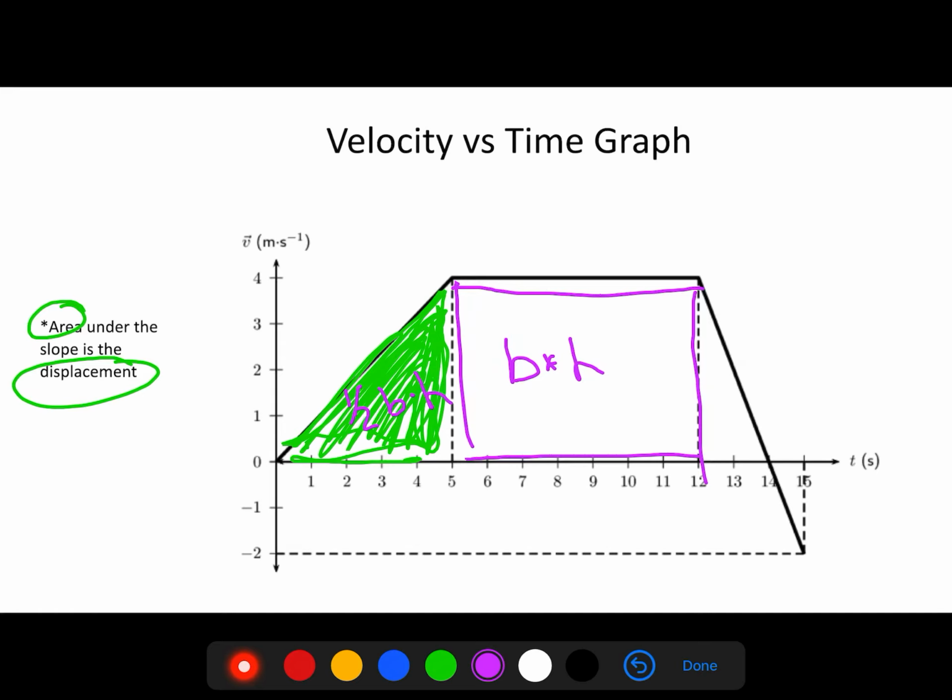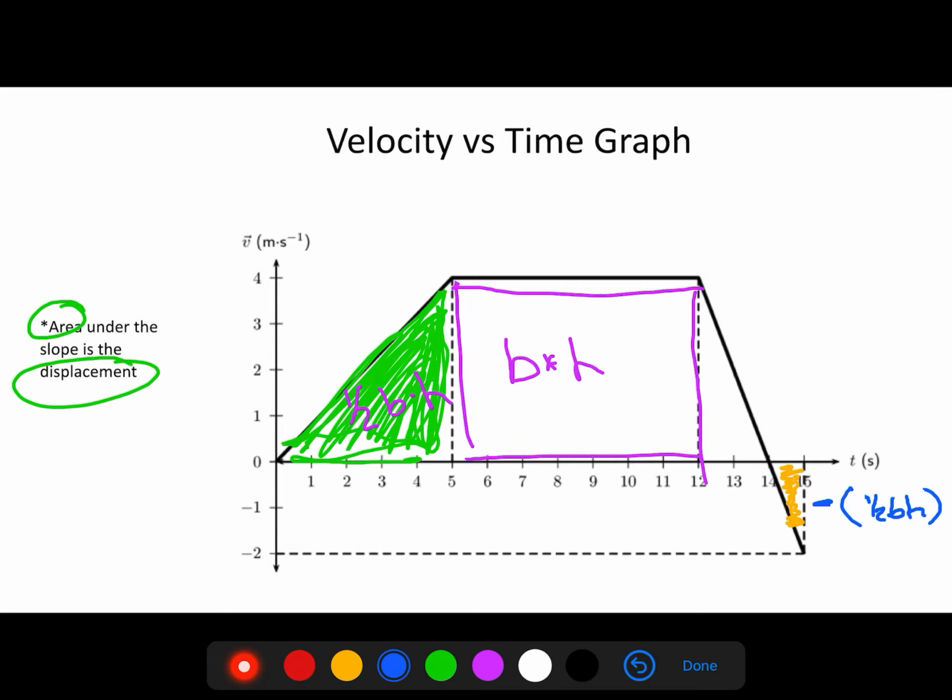Okay, and then because we have positive and negative values, if we are on the negative side of the graph, then whenever you go to calculate that area, you then have to recognize that this is in the negative direction. So this would be a negative displacement. So it would be negative 1/2 base times height for this particular segment of the graph, okay?